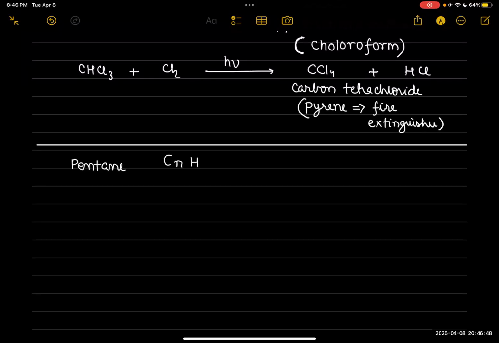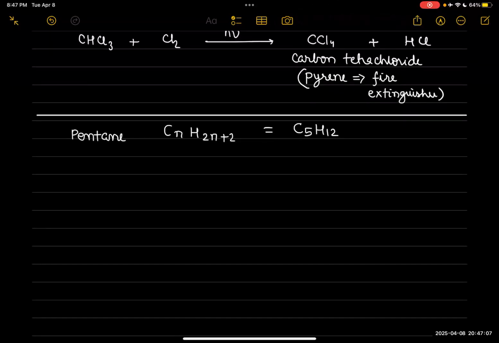Hydrogen will be 2 more than twice the number of carbons, CnH2n plus 2. So this is pentane, and n equal to 5, so C5H12. It has 3 isomers.